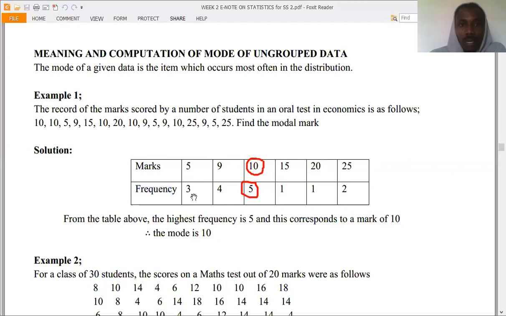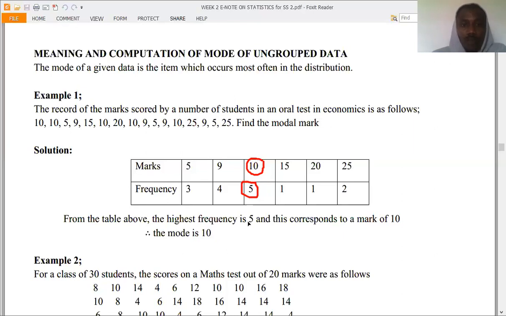You see there are 3 people who got 5 marks, 4 got 9, 5 got 10, 1 got 15, 1 got 20, and 2 got 25. Since we define the mode as the data with the highest frequency, it is obvious that the modal mark is 10. Why? Because 10 occurred 5 times. There are 5 students who scored 10.